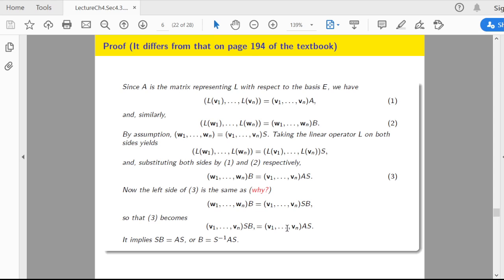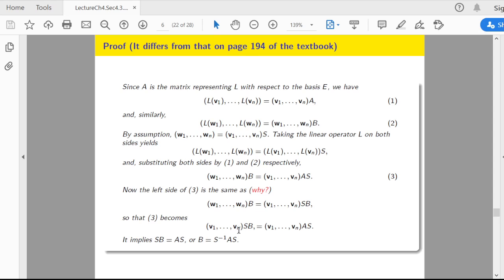What does this equation tell us? It tells us we can have V1, V2 to Vn times S times B is the same as V1, V2 to Vn times A times S. Now here, both sides, we have the same item.